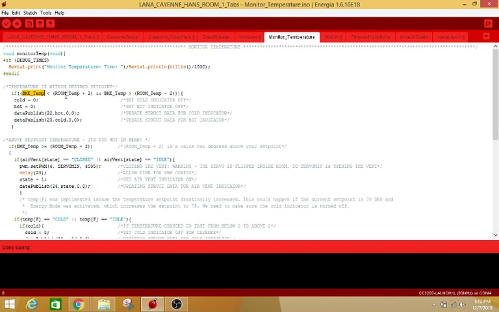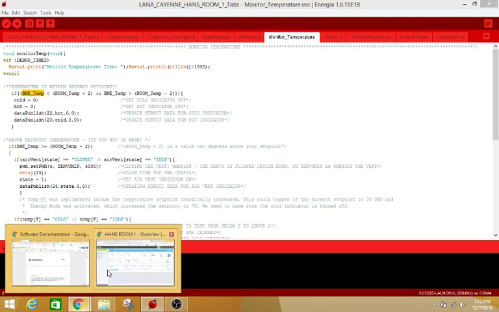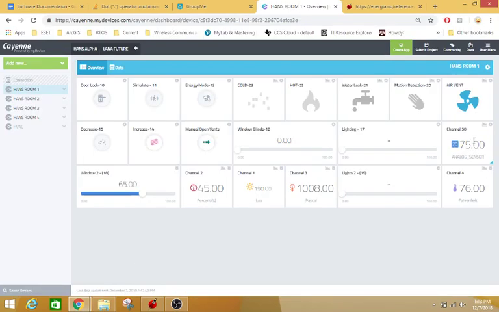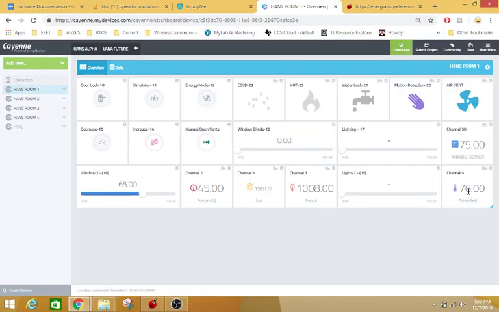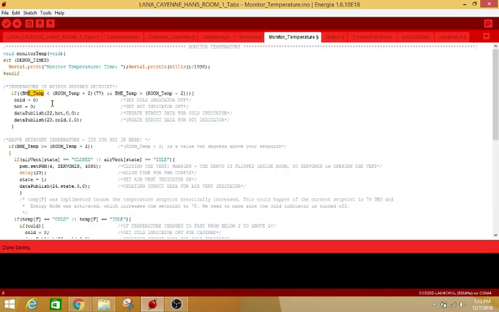So now room temp plus 2, since it's now 75, is 77. So right now this value is 77. BME temp is this value, 76. So is 77 greater than 76? Yes.